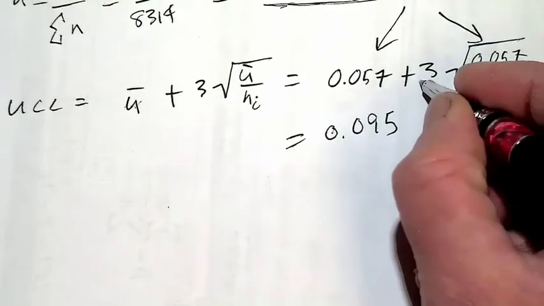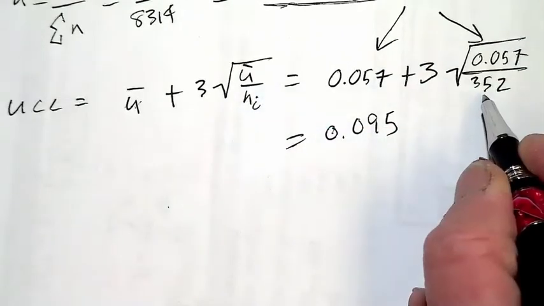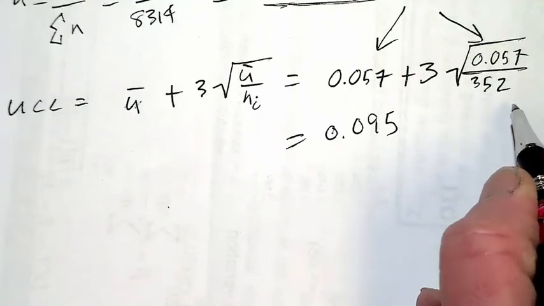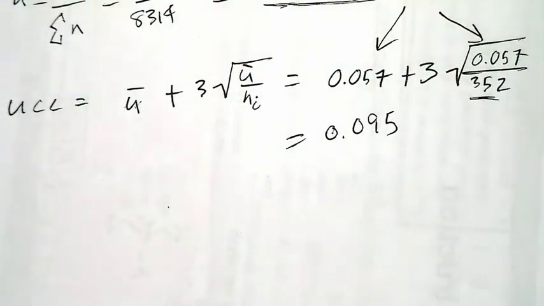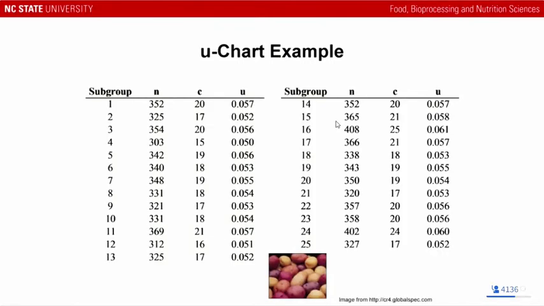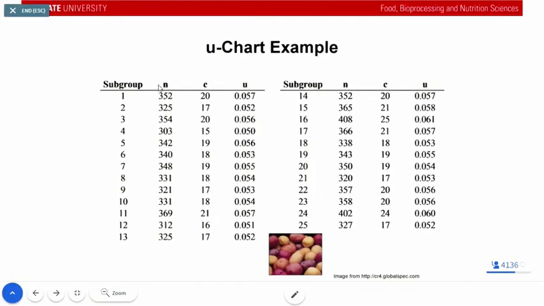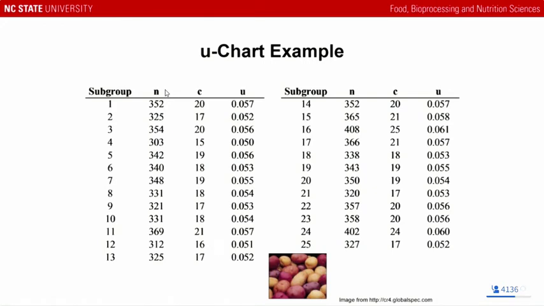And then for this n, we put 352 right here because the sample size of that first one is 352. Since we just got the upper, I think we can forego the lower because it's just subtracting that entire term.